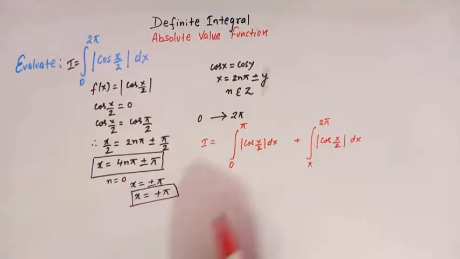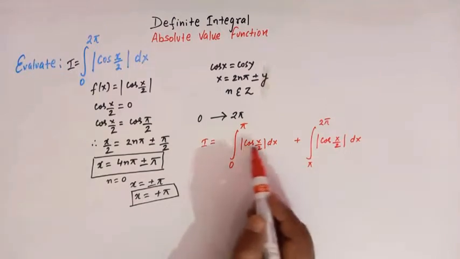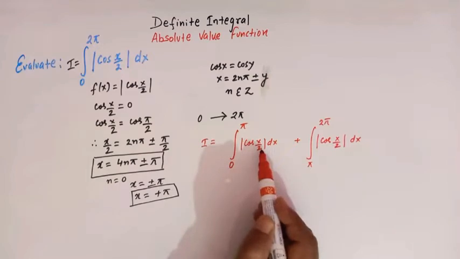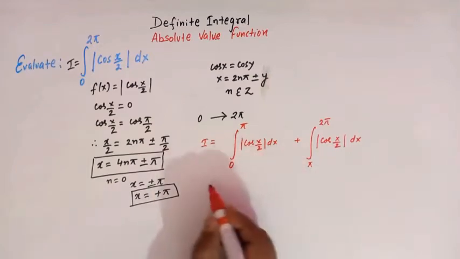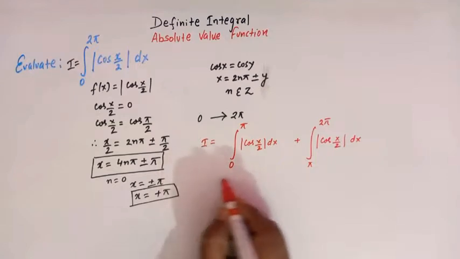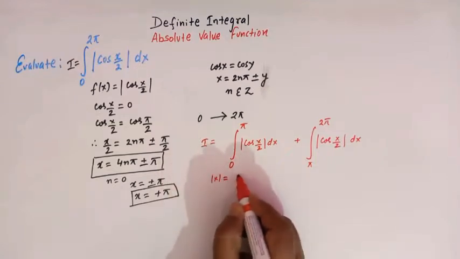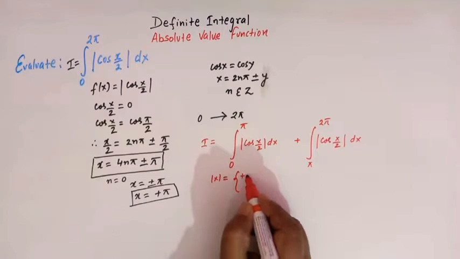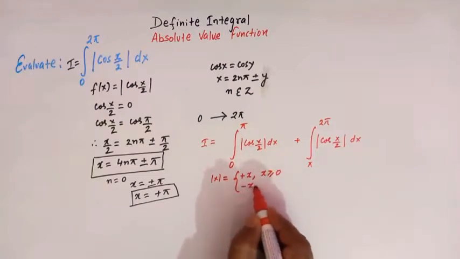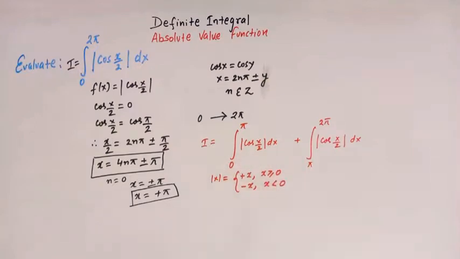So now we have two integrals. We have to decide the sign of this mod function, because we know the definition of the mod function, which says that mod of x is equal to x whenever x is greater than or equal to 0, and minus x whenever x is less than 0.